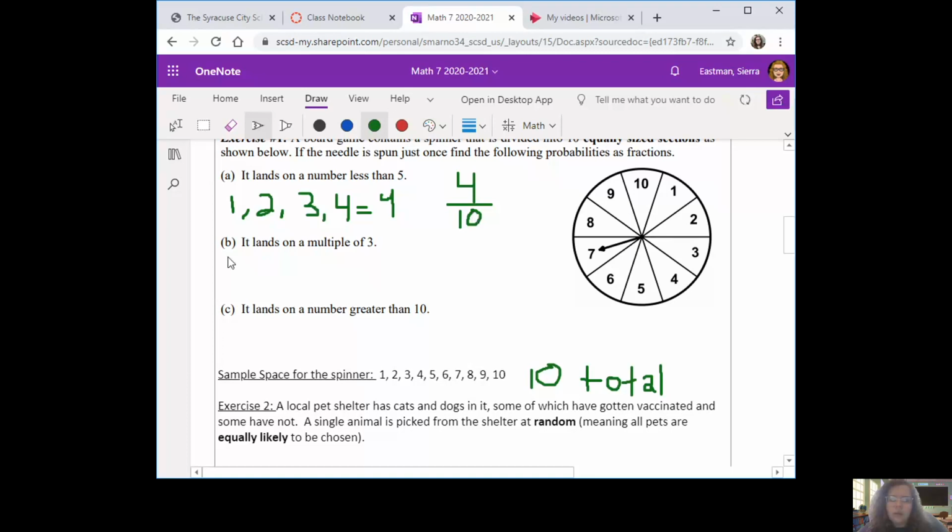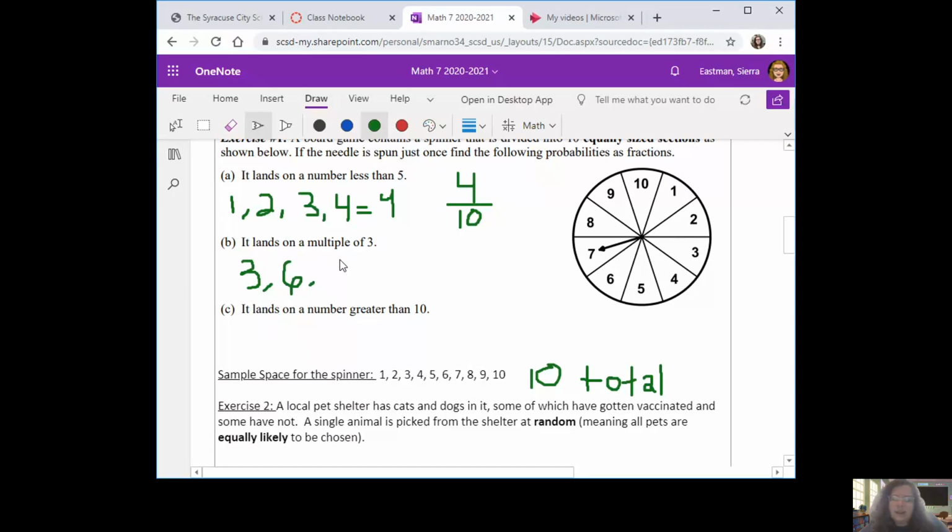Okay. We're going to do the same thing for our next question here. The event that they are looking for is that it lands on a multiple of 3. So which numbers are multiples of 3? 3 is a multiple of 3 because you can say 3 times 1 equals 3. 6 is a multiple of 3 because 3 times 2 equals 6.